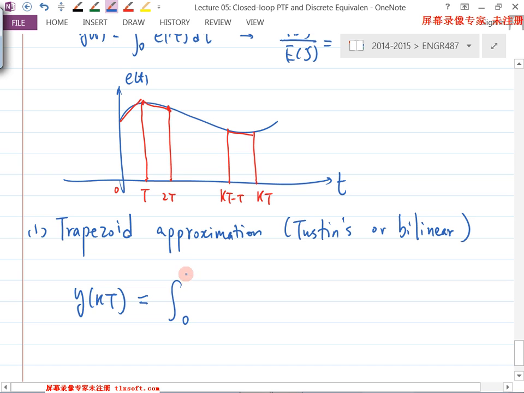One is the area from 0 to kT minus capital T, so the area from here to kT minus T. All you're left with is plus this last part, the trapezoidal area.